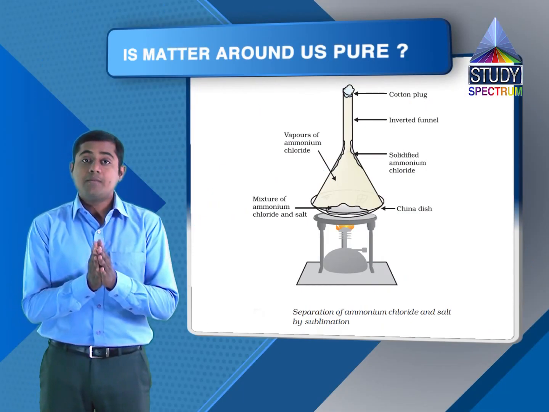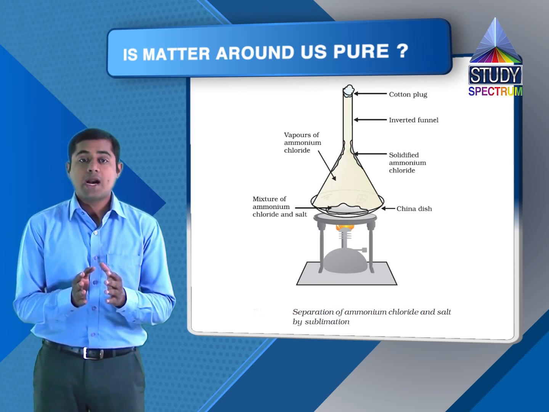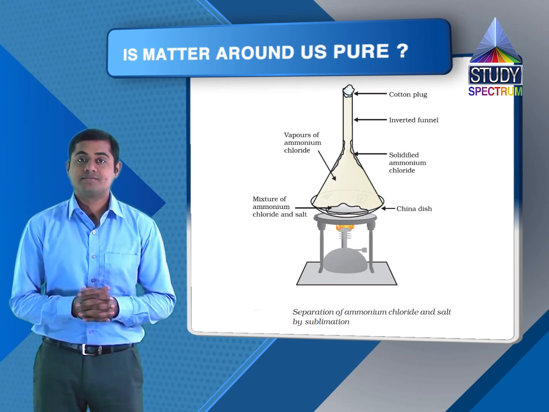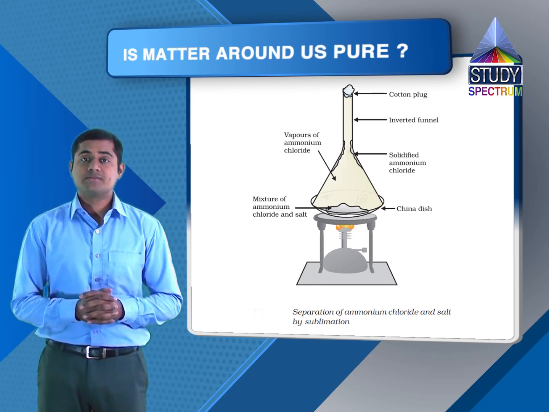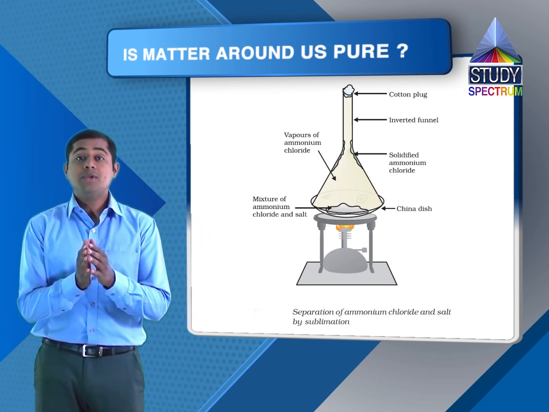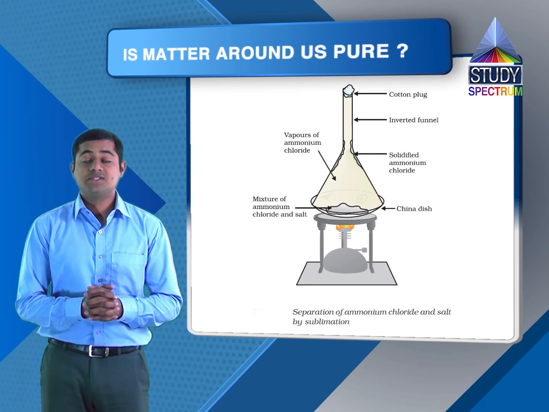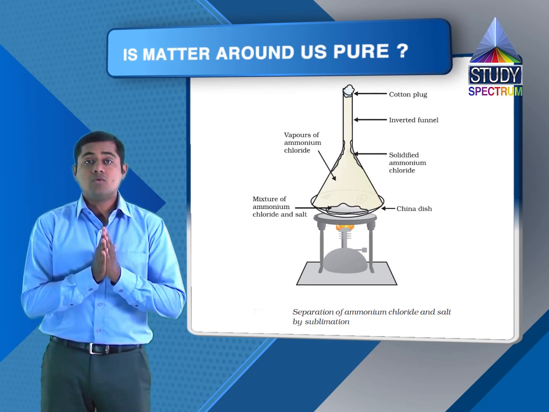Let's have an example of the next mixture, a mixture of salt and ammonium chloride. How do we separate its constituents? Now we all know ammonium chloride is a sublimable substance, just like camphor.